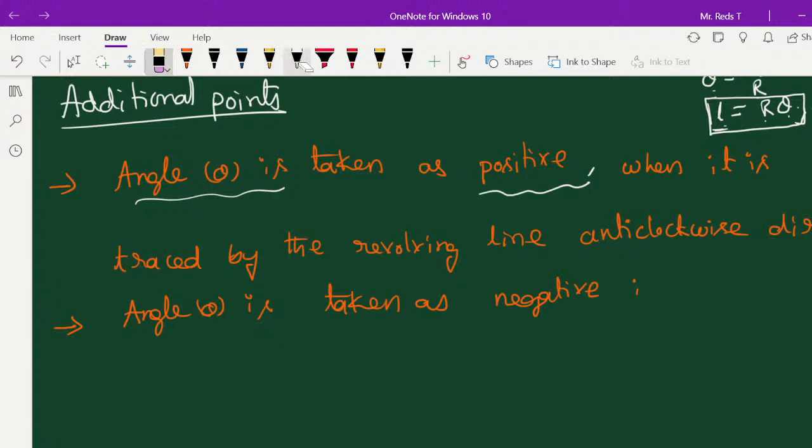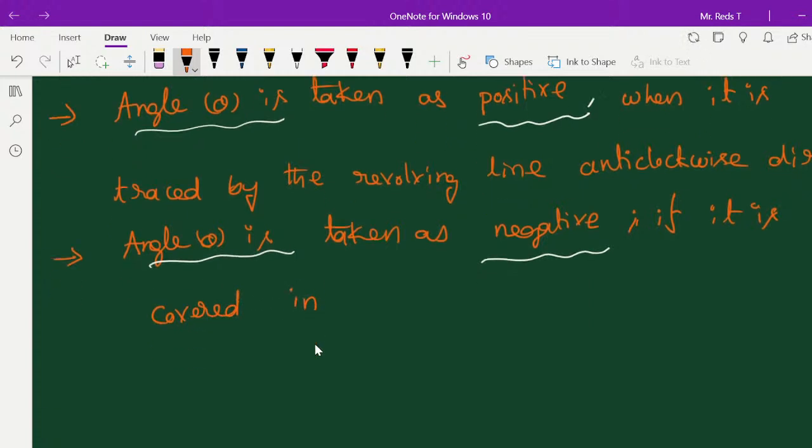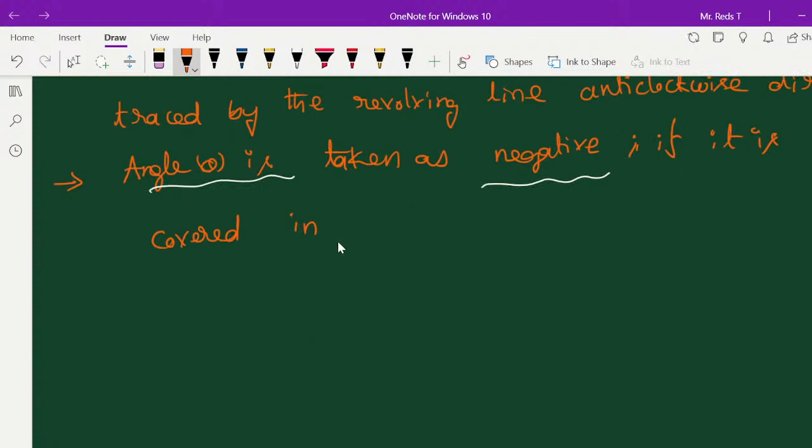You can underline this: angle theta is taken as negative if it is covered or traced by the revolving line in the clockwise direction.